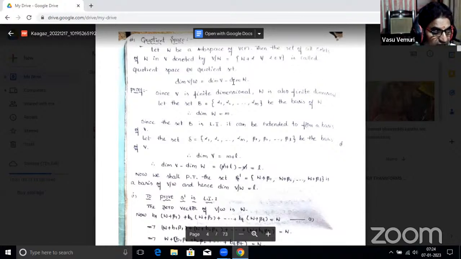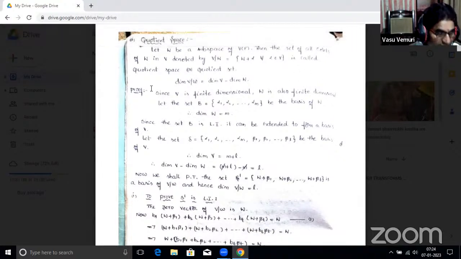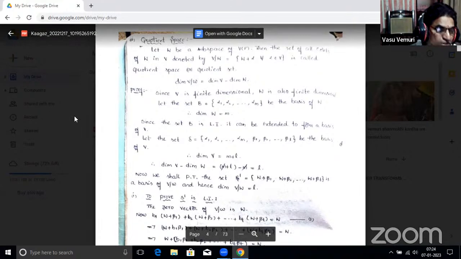Now, third one, what is the zero element? W plus 0 bar equals 0 bar plus W equals W. That is the additive identity. For alpha, alpha plus 0 bar equals 0 bar plus alpha equals alpha.